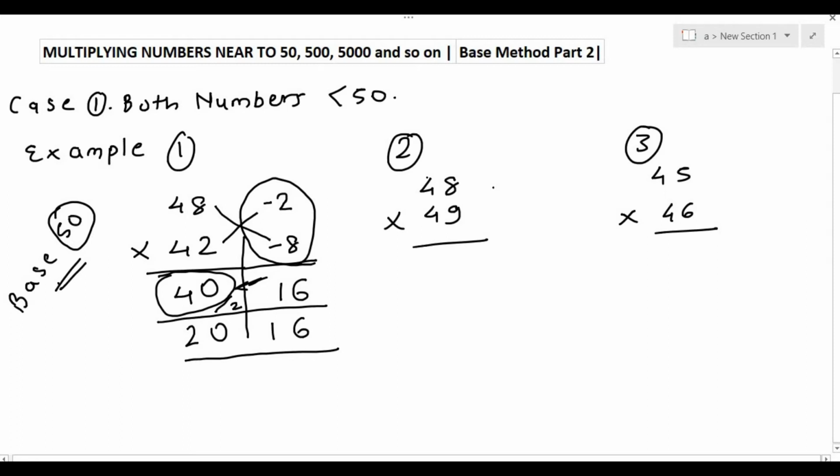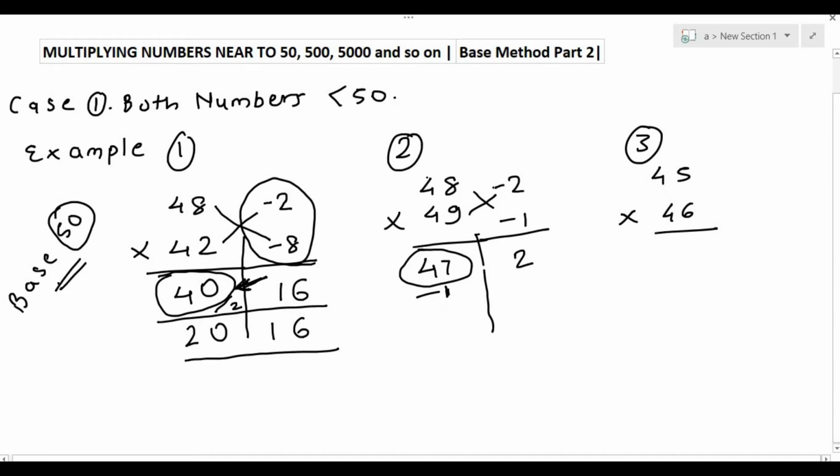So here minus 2 and minus 1, when we multiply this we get 2. And here we get 48 minus 1 or 49 minus 2, so here we get 47. Now this number is odd. In the first example the number was even, so here we have to take care. If the number is odd we have to subtract 1 from it.